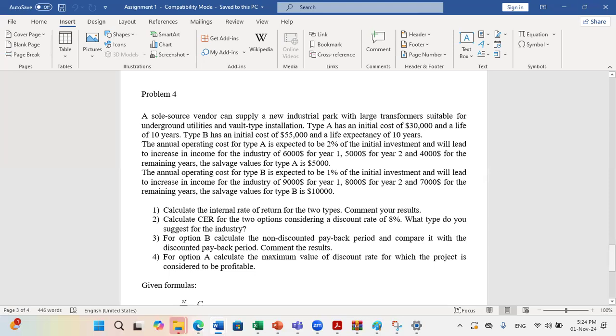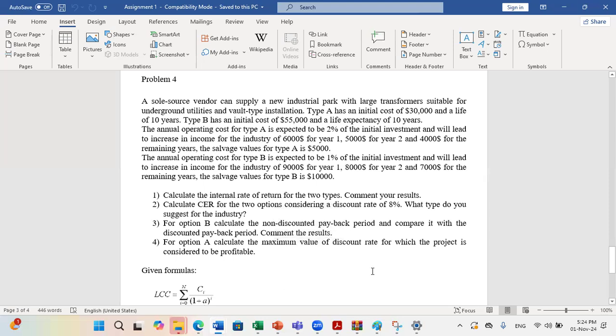So if I want to evaluate in a fast way, to start with my analysis, let's say for type A, the initial cost is 30,000. So I can put NPV for a discount rate of 0, I will not consider the discount rate. So I am considering the non-discounted payback period.